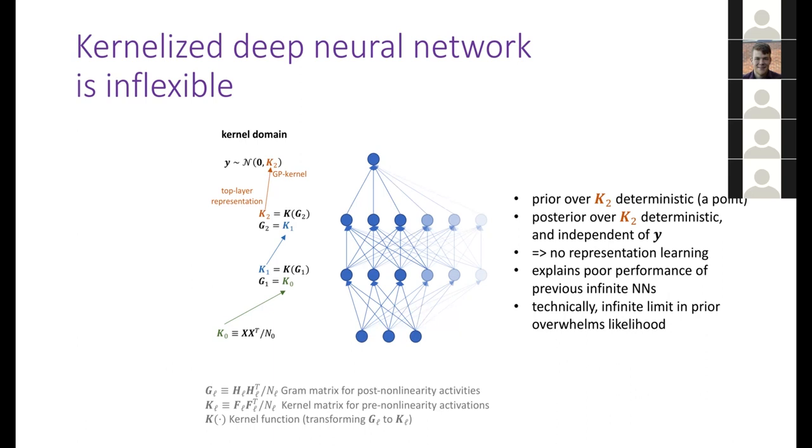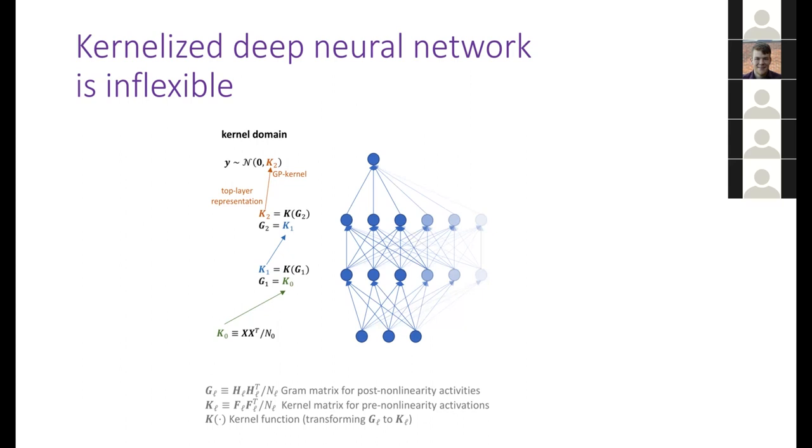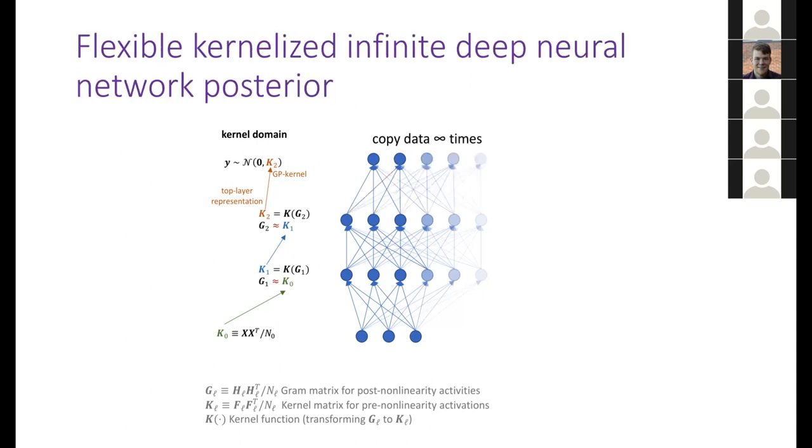Okay, so perhaps the key trick with deep kernel machines is how to overcome this fixed top layer kernel. The way we do that is by copying the data infinitely many times as we take this infinite limit over layer width.